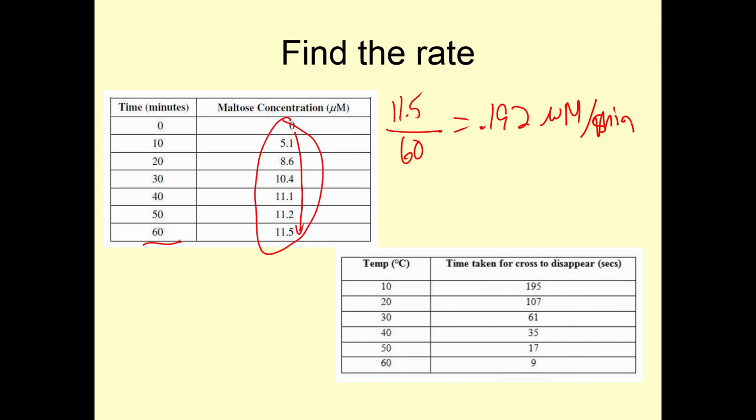And then there's another lab where we measure the time it takes for a cross to disappear. The time it takes at these different temperatures is different for each one. This is a lab that we're going to do, and it's kind of tough to figure out because it has a one-time event. So the way you can figure out the rate is that rate is the inverse of time.